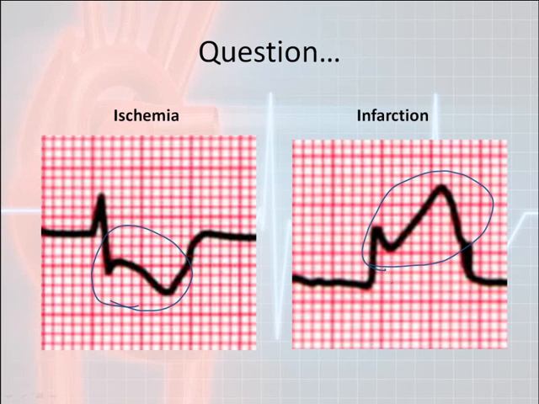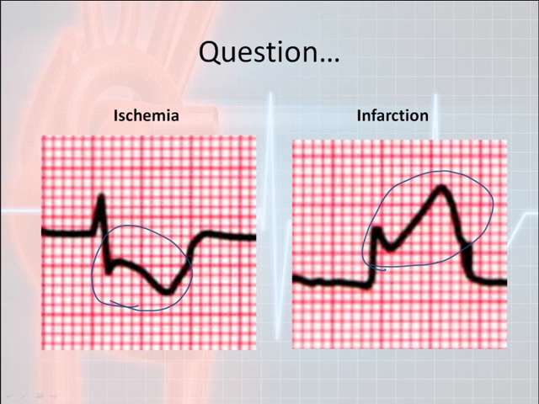I used to be very surprised that a majority of the students raised their hand and said, oh, that's what we heard, that's what it must be. Nowadays, when I still ask that question, I still get a lot of students, but I'm not surprised anymore. For some reason, that philosophy or that educational gem of depression is ischemia and elevation is infarction has been perpetuated.